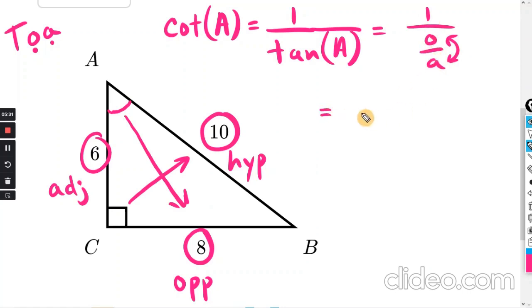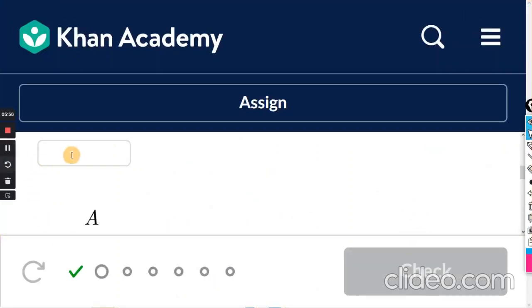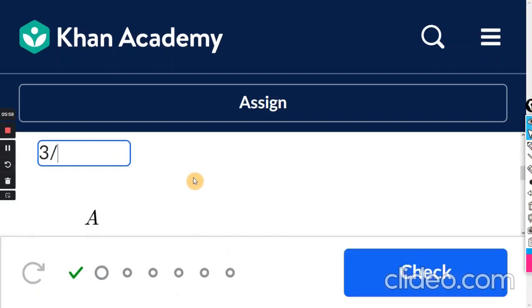So instead of opposite over adjacent, it's going to be adjacent over opposite. Adjacent is 6. Opposite is 8. They said to reduce, and these are both even. 6 divided by 2 is 3 and 8 divided by 2 is 4. Final answer. So in the box, 3/4.